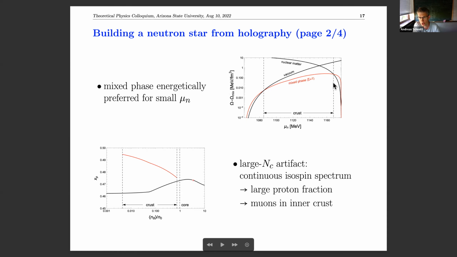So this is the crust-core transition here. As it happens, if I scale it in mu_n, this looks much bigger than that, but translated into thickness, this will be smaller in the neutron star. So that's our construction. As I said, everything purely dynamical. So this dashed line is now predicted by the model. Here I'm plotting the proton fraction as a function of baryon number.